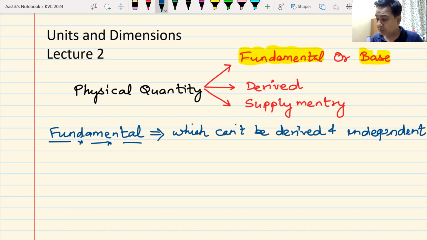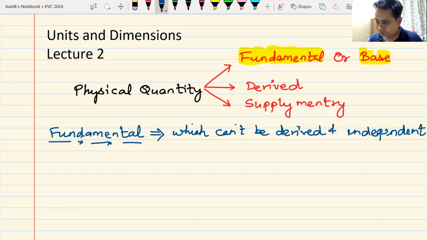Now we get into the examples of this, but before that, let us see what would be a derived physical quantity. Now, if you know what is a fundamental physical quantity, you can tell me what would be a derived physical quantity. And the meaning is in the word itself. Can you tell me what would you mean by a derived physical quantity?